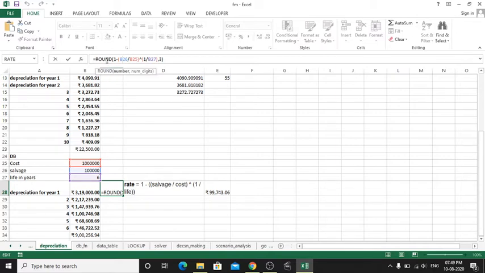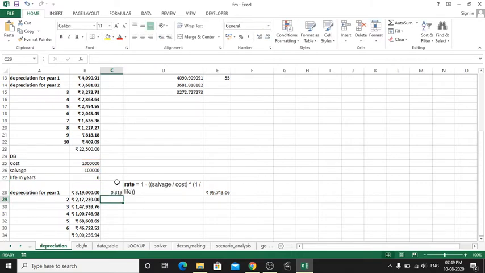Since the ROUND function has two arguments, the first argument is the calculation value, comma, and I need 3 digits in the decimal part, so comma 3. This is the fixed rate. Okay, this is how we calculate the fixed rate. The same cost value is here, salvage value is here, and life is 6 years.